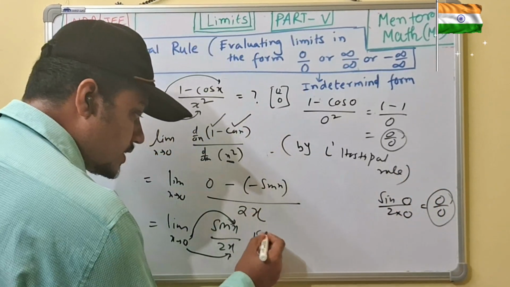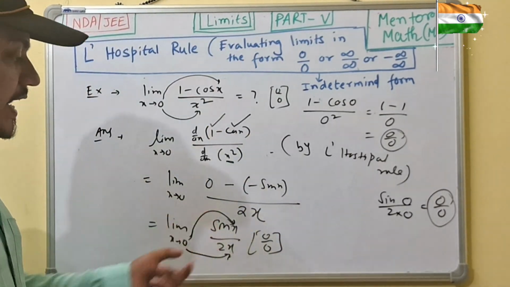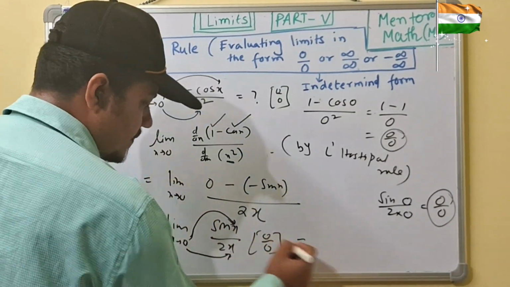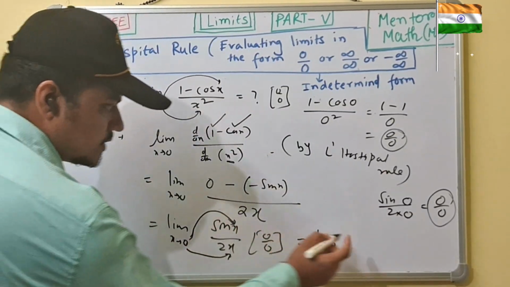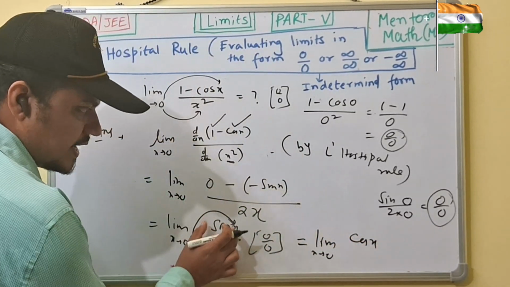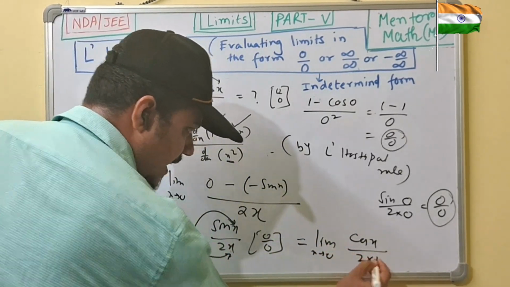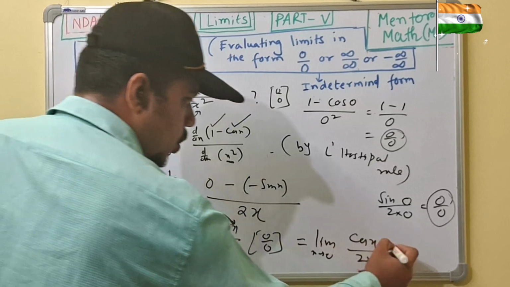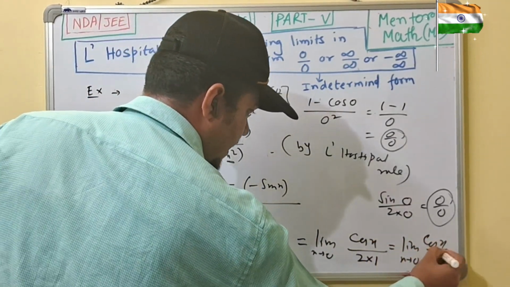So again you have to differentiate the numerator as well as the denominator. The derivative of sin x is cos x, and in the derivative of 2x the constant stays outside and the derivative of x is 1. So you get the value of limit x tends to 0 of cos x by 2.